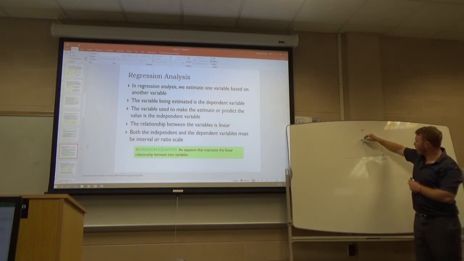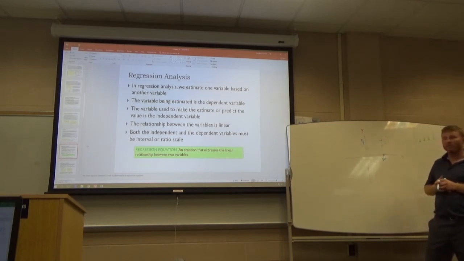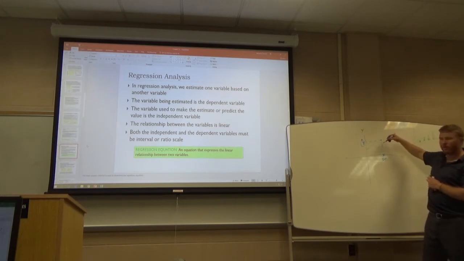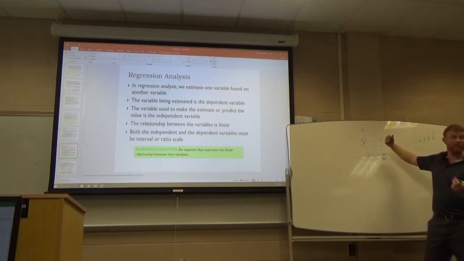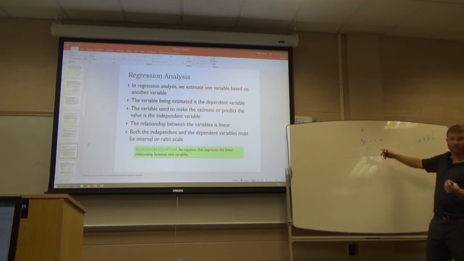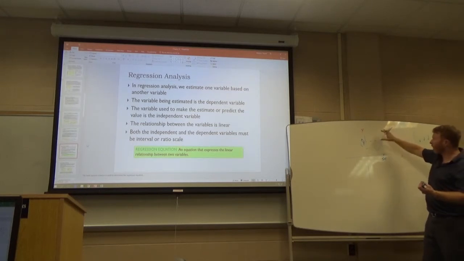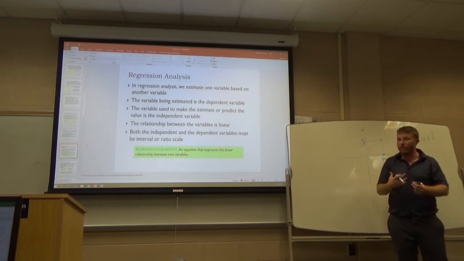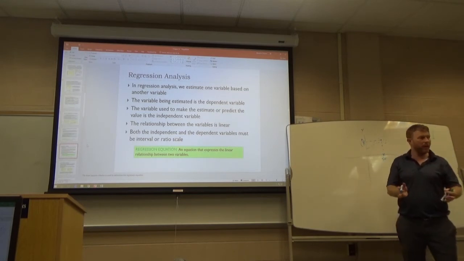And this would be the number of copiers we expect them to sell, wouldn't it? Now, it might be off a little bit somewhere, but it's the best estimate we have, isn't it? Does everybody understand what I'm saying? It's got to fall on that line because we got this line from the data set itself, didn't we? Okay, so that data set's the best we have. That sample's the best we have.